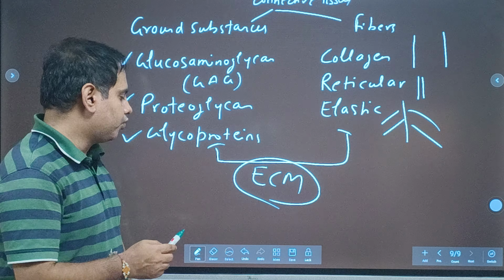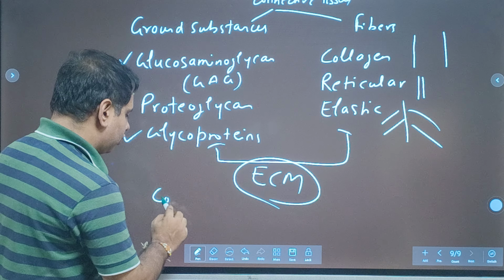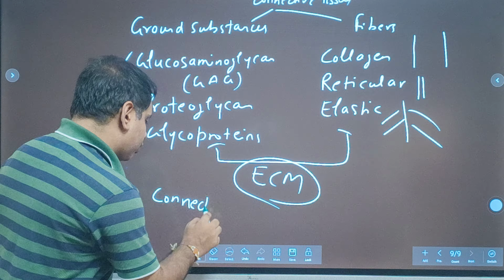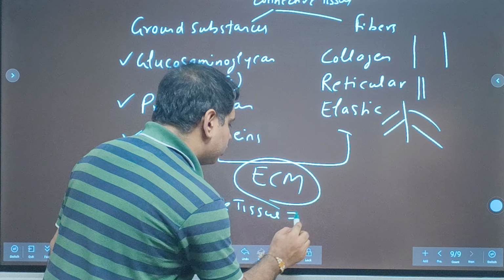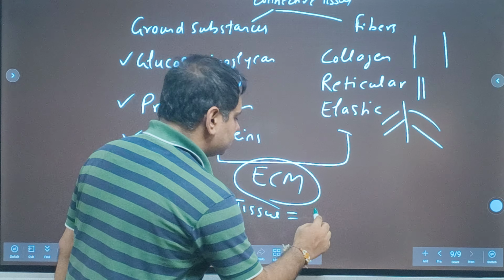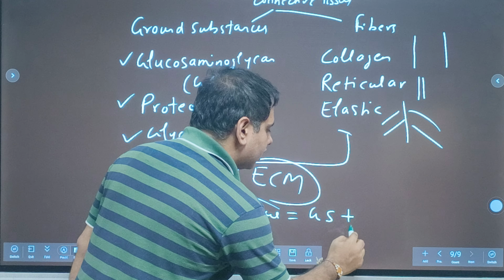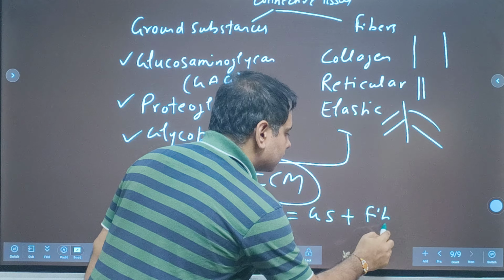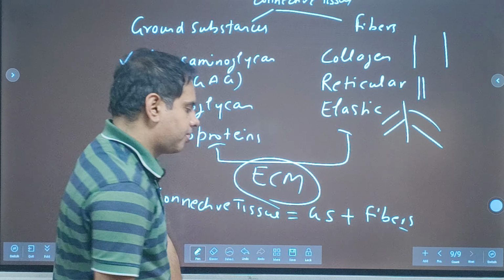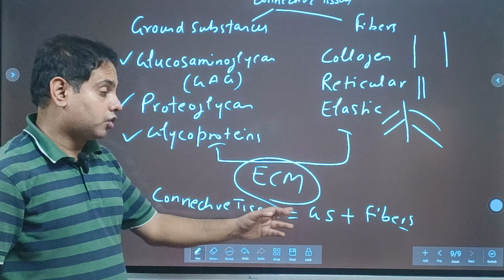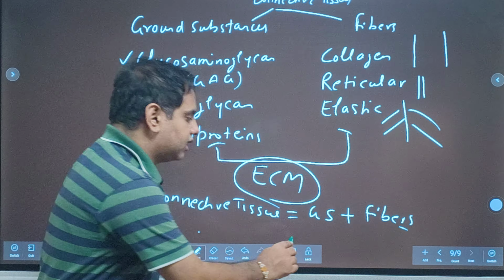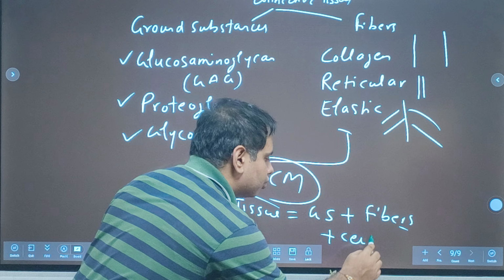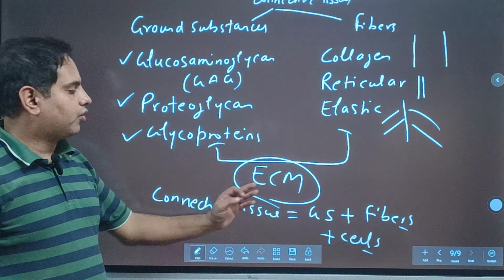So what is connective tissue? Connective tissue is equal to ground substances plus fibers, plus one more important thing which I forgot, cells, because a group of cells makes a tissue.